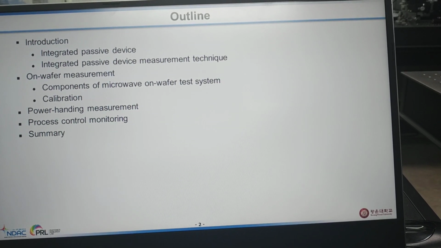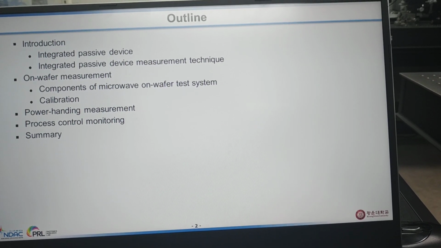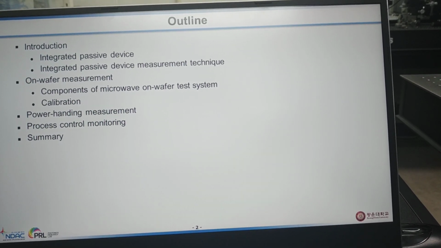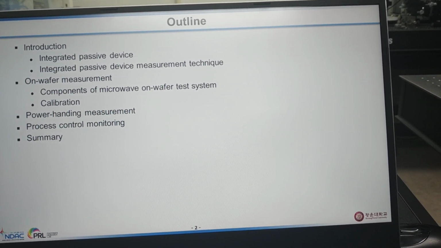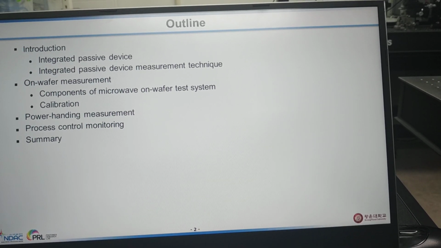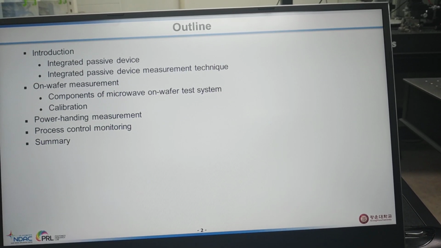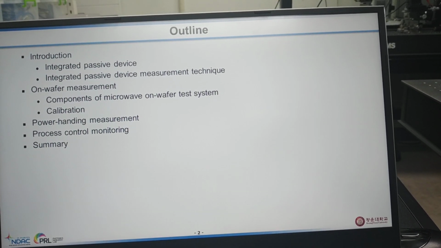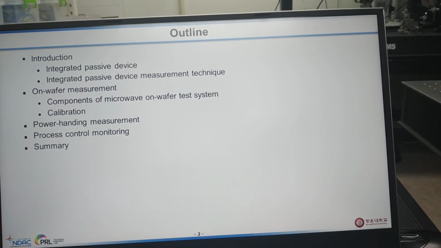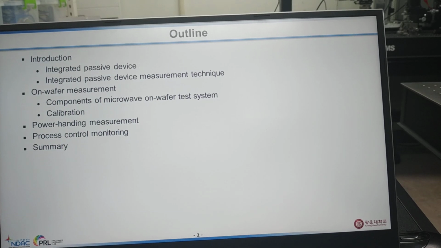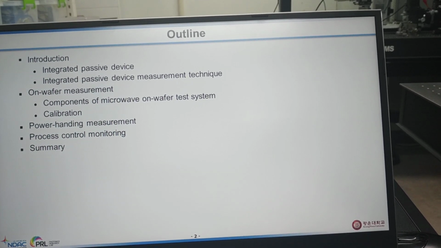First, I will show the components of the microwave on-wafer test system, and later the calibration also will be shown. The last two parts are the power handling measurement and process control monitoring. Then I prepared a summary about my presentation.